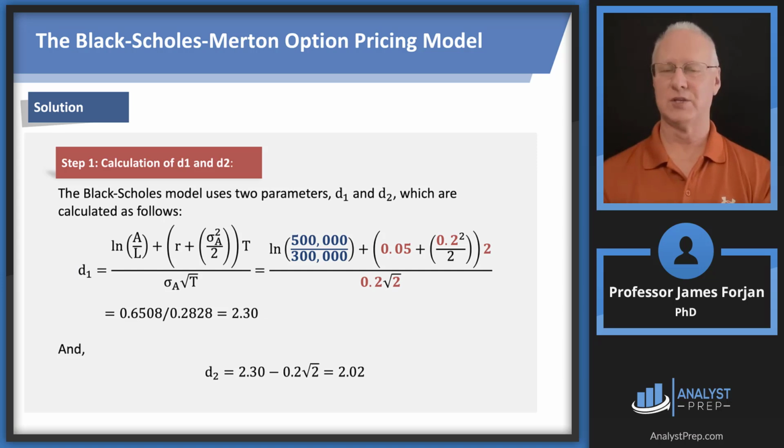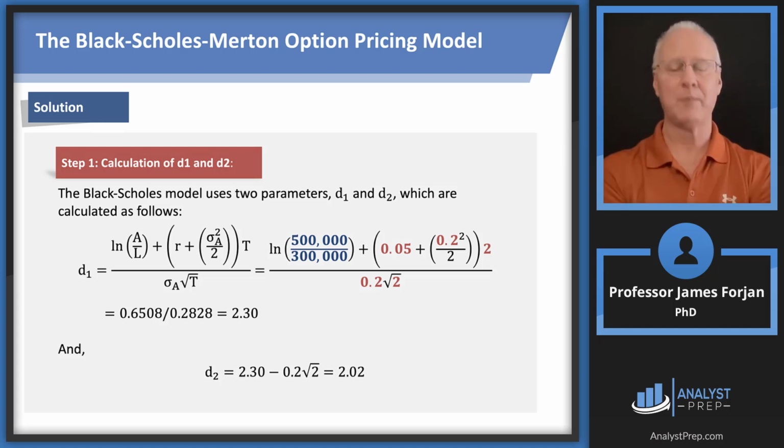So what are we going to do? We're just going to take the natural log of 5 over 3. And you don't need to put all those zeros in there, 500 over 300. Just do ln of 5 over 3, right? And give yourself that number, whatever that is. Then we're going to add 0.05, make sure you do decimals here on the right-hand top side, 0.05 plus 20% squared divided by 2 adjusted by time, which is 2 years.